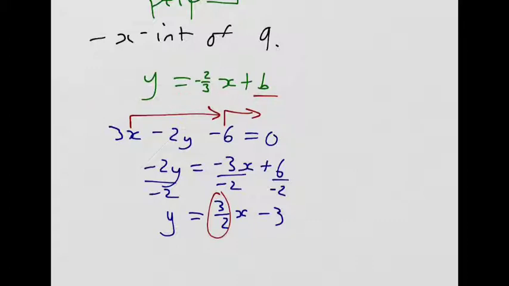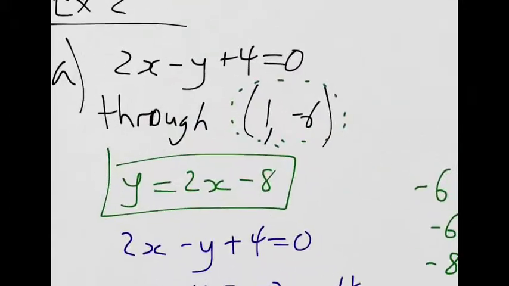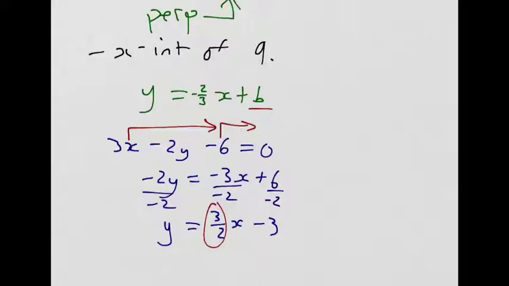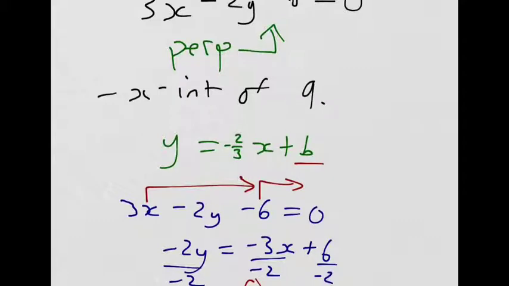How do I find that y-intercept? Solve for y? It's already solved for. What did we do last time? We took the point and plopped it into the equation for x and y. Do we have a point that we can do that with? Yes. What are the coordinates of that point?